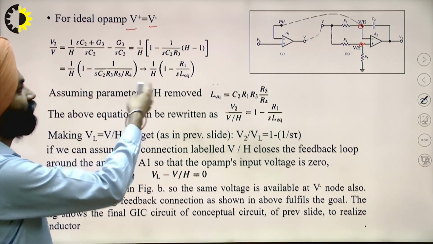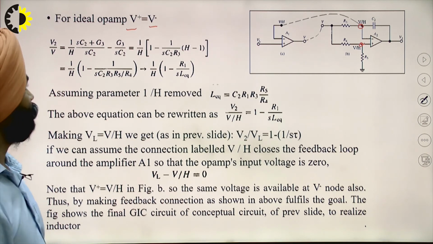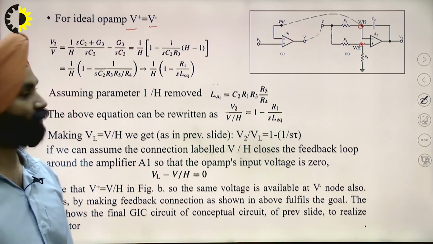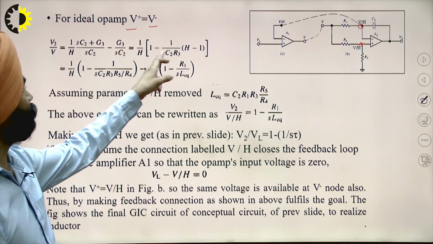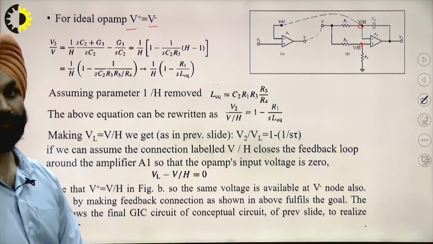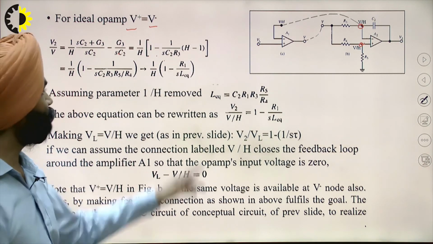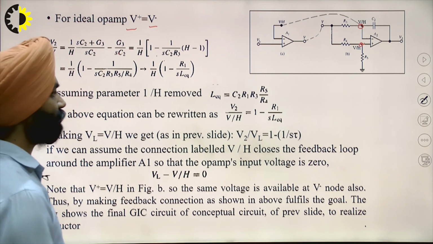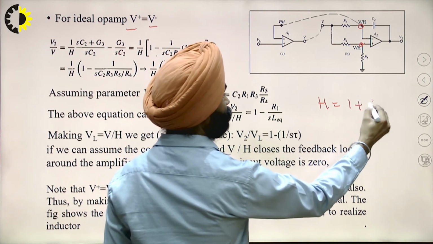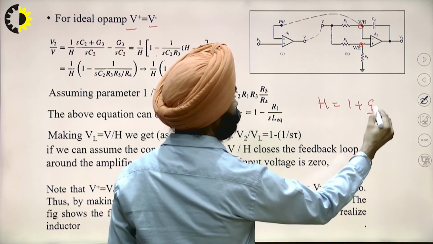We have manipulated and simplified the equations, and for further simplification we can take 1 by H common, so it becomes 1 minus 1 upon SC2 into R3 into (1 minus H minus 1). If you simplify the value of H, remember the value of H is 1 plus G5 by G4.